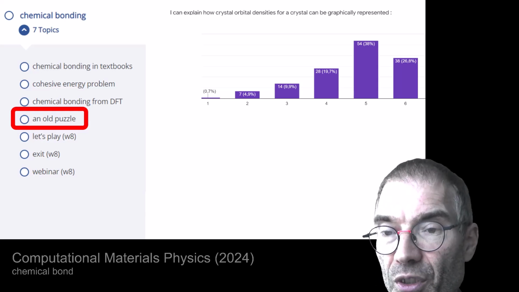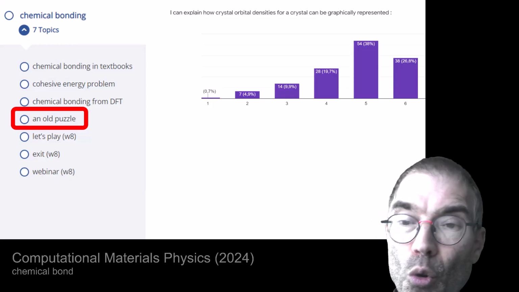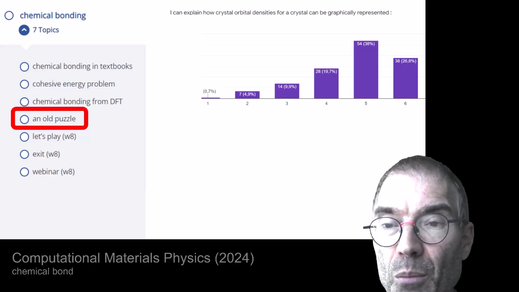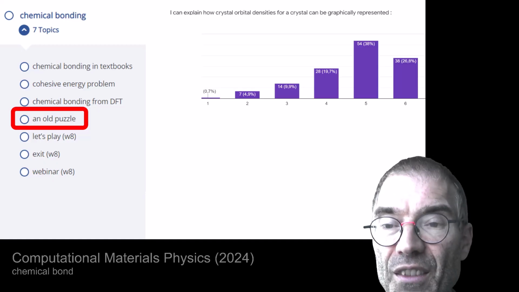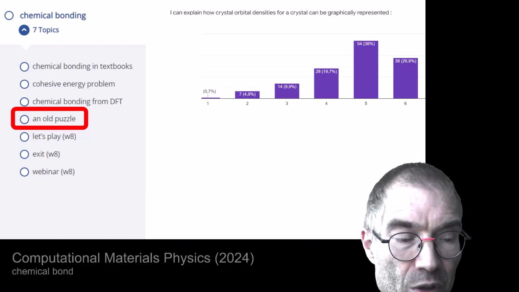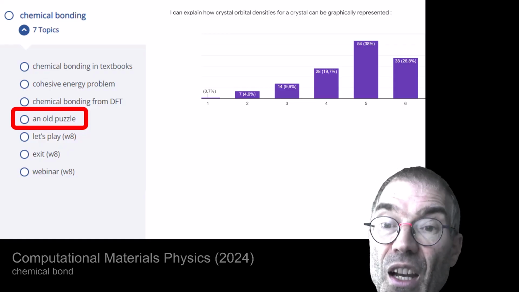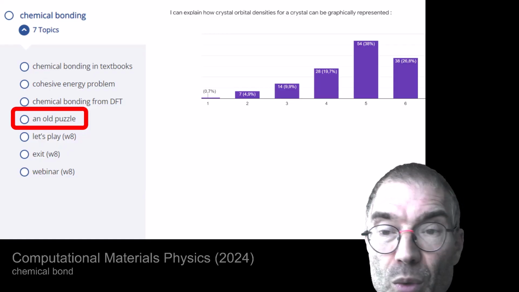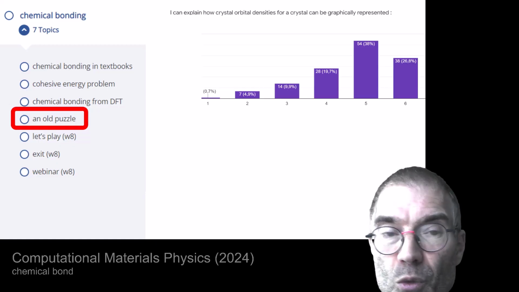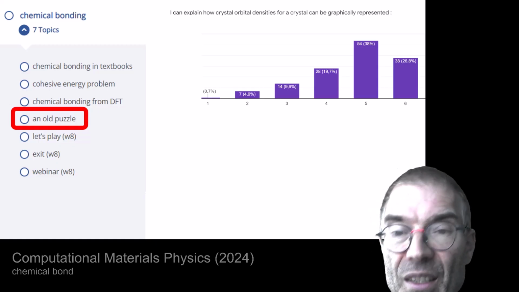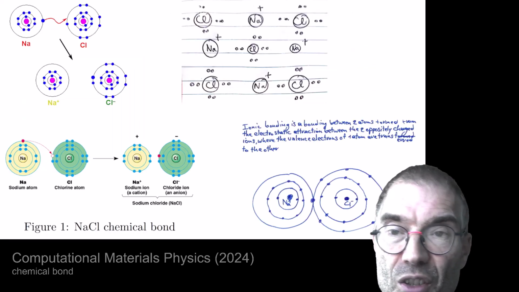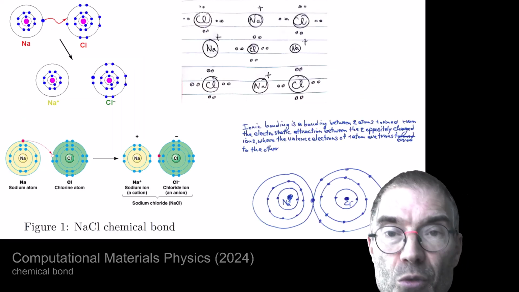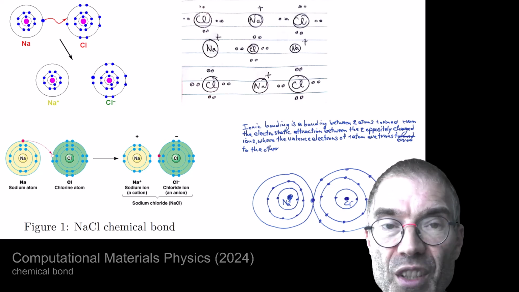This was then the point where this old puzzle about the ionic bond in rock salt, and how you can better understand that ionic bond, could be tackled. And I had asked you long ago, several weeks ago, at a moment when you were not yet biased by this explanation here, how do you imagine the ionic bond in rock salt?